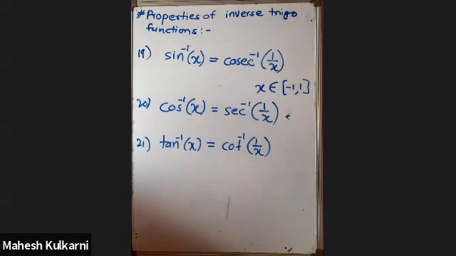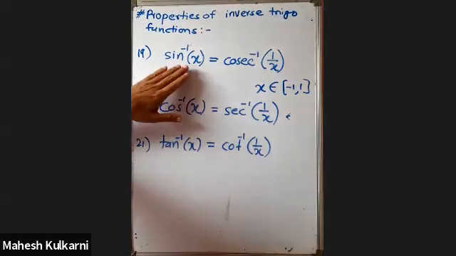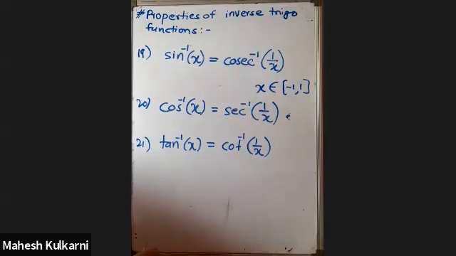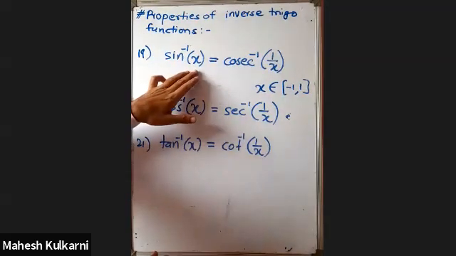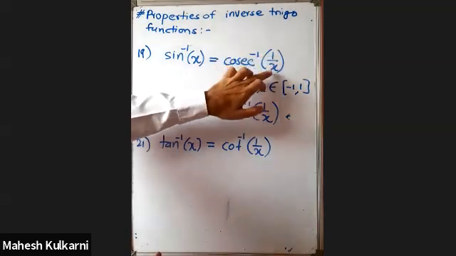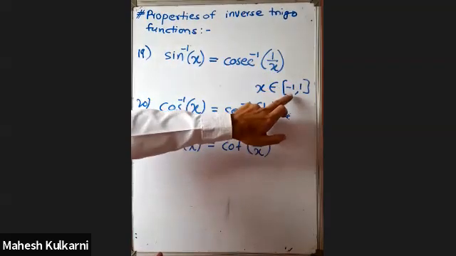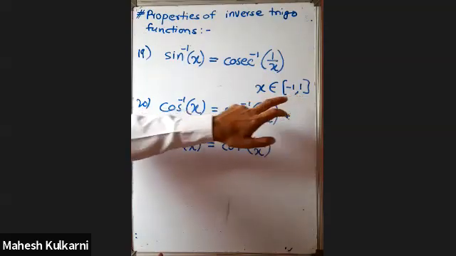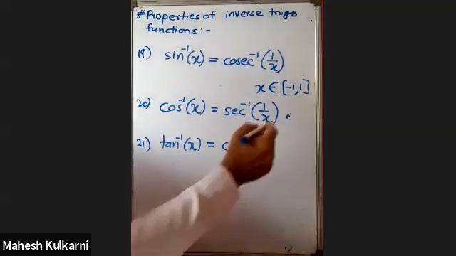Similarly, here also you can write restrictions for this. For sin inverse x, it is minus 1 to 1. But one thing here, since it is cosec inverse of 1 upon x, now minus 1 to 1 means 0 is also there in this interval. So this is not applicable when x is 0.